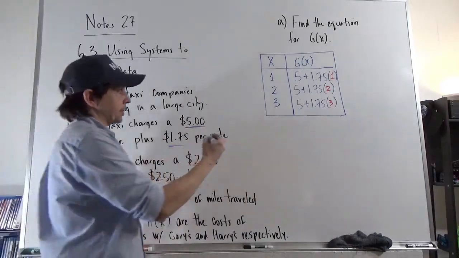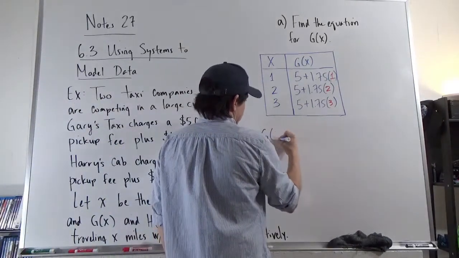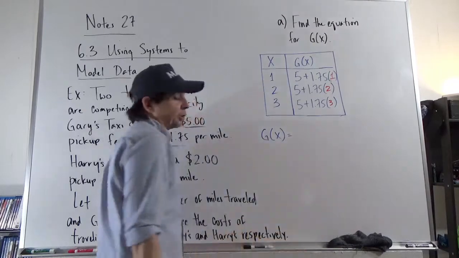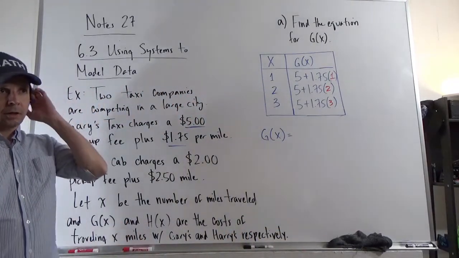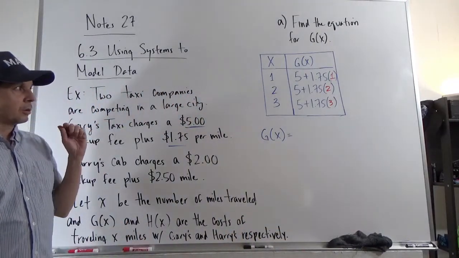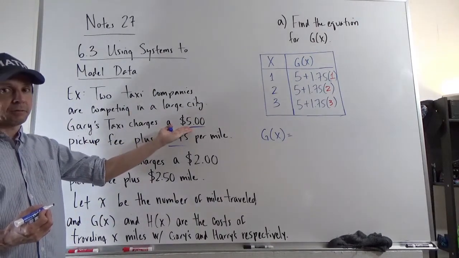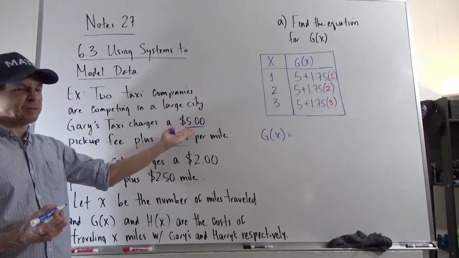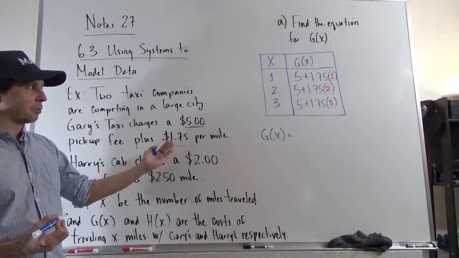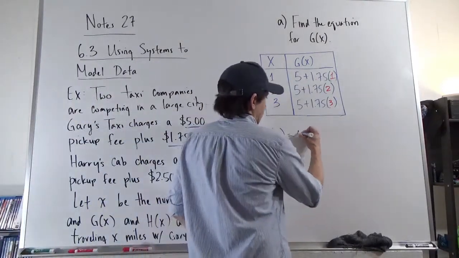That's going to be a linear function, and it doesn't matter which order you put it in, but the way I wrote it is based on us paying the pickup fee, the fixed cost or the flat fee first, and then being charged per mile. And I'll stick with that.